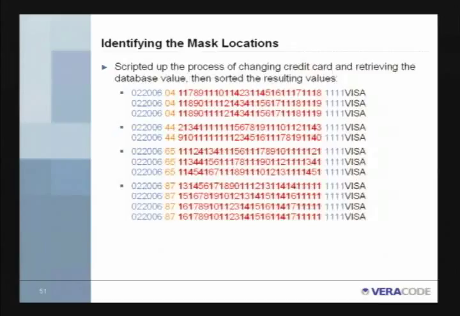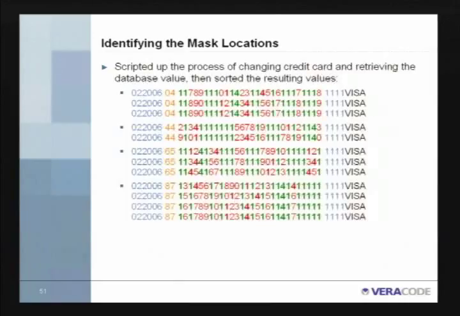So that's going to be a case of, am I looking at a real one, one of the ones from the credit card number, or am I looking at just a piece of noise that happened to be a 1? So if you take the intersection of those locations in each case, in other words, where there's a bold character in each one of the examples, that will help you eliminate where the noise is and where the real characters are.